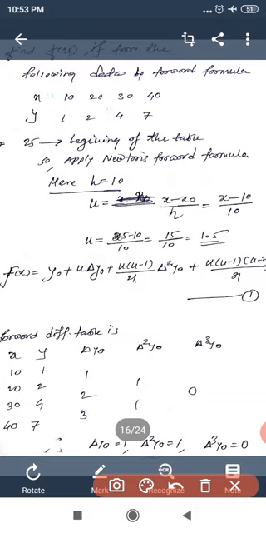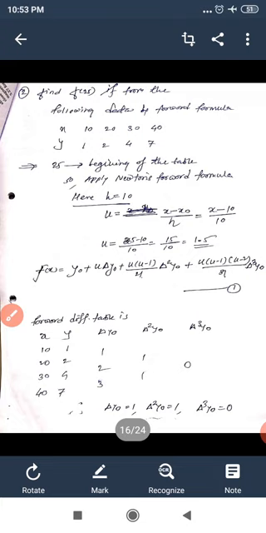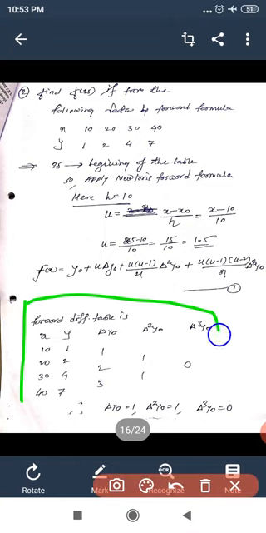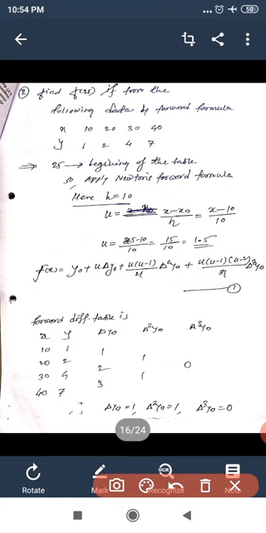So in Newton's formula, first write the difference table, the forward difference table. x: 10, 20, 30, 40. y values are 1, 2, 4 and 7. First difference is 2 minus 1, then 4 minus 2 is 2, 7 minus 4 is 3.